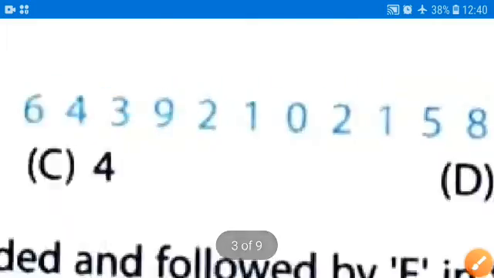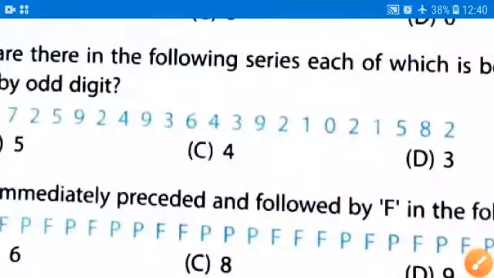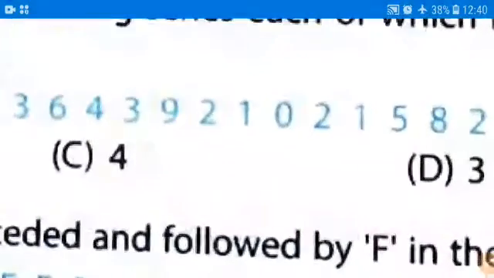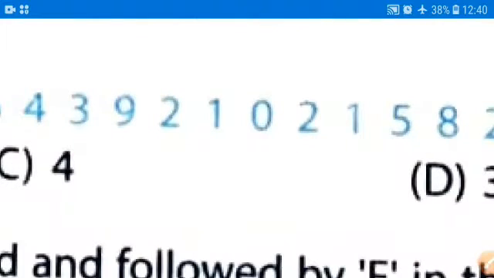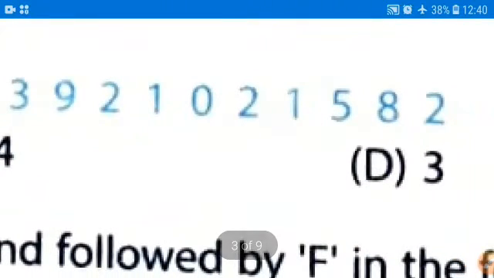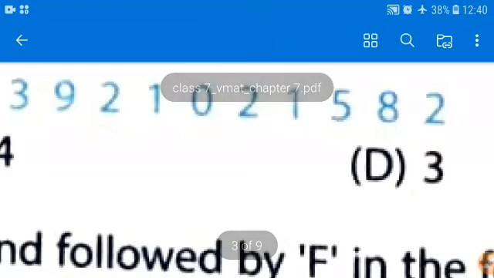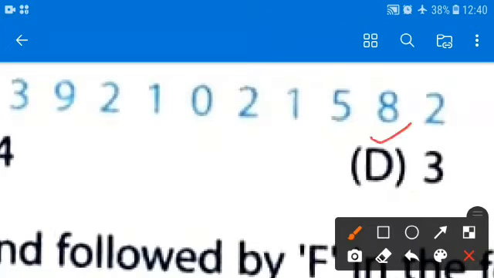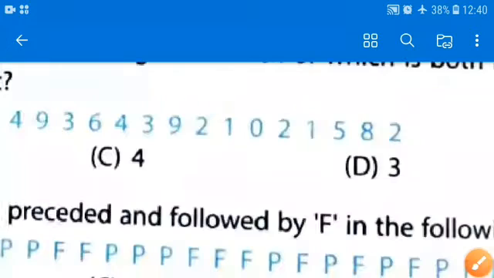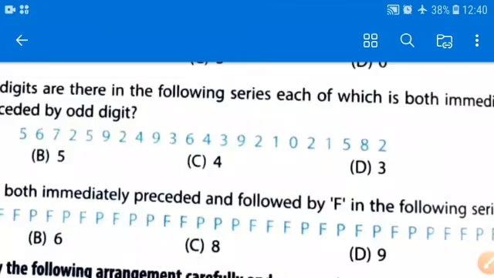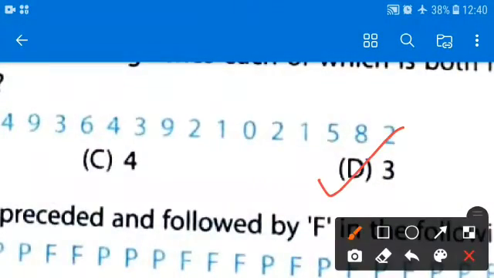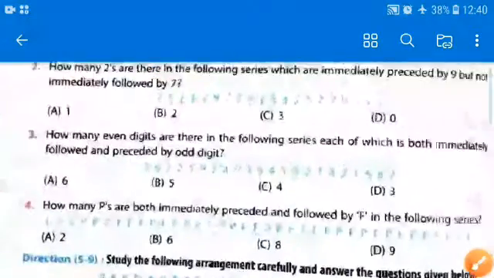So we got 3. Any other option do we have? No, we cannot take this 8 also, we cannot take this 2 also. So the number satisfying the condition is 3. So the answer will be option D, that is 3.